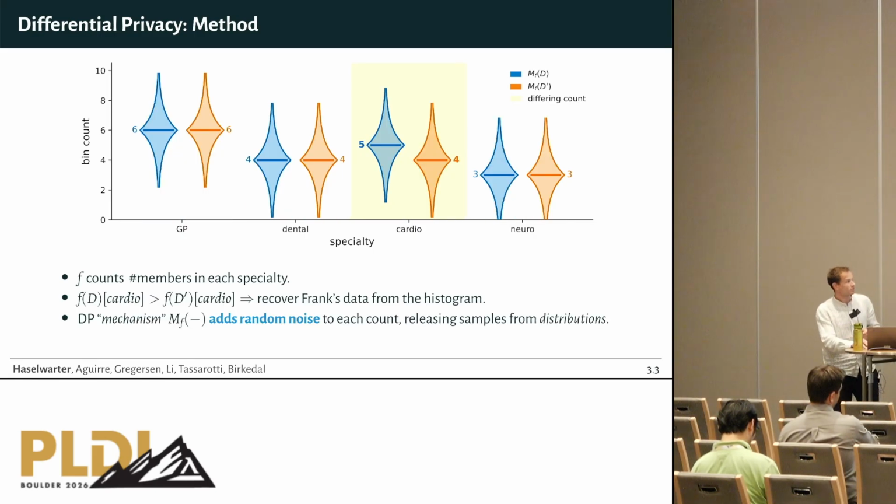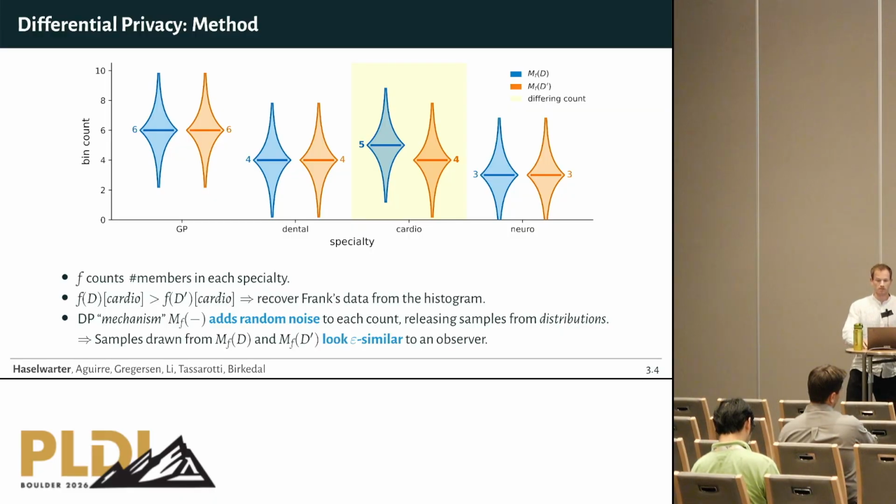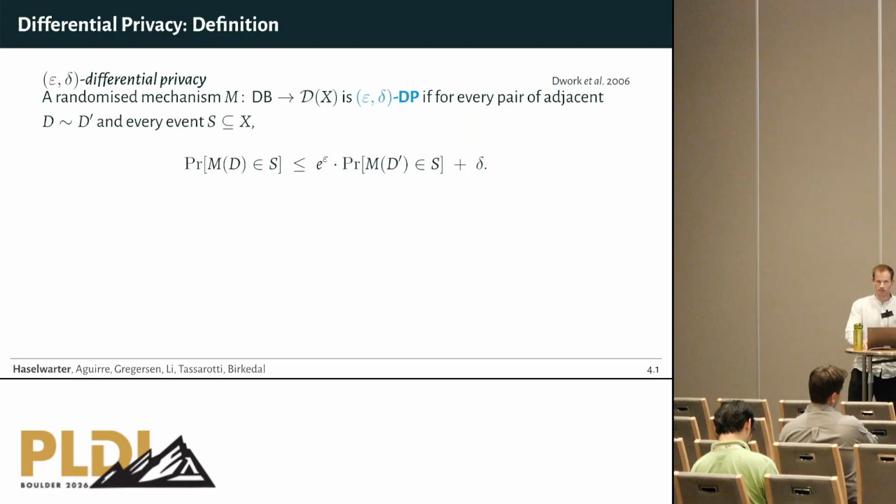And what differential privacy tells us to do instead is that we use a mechanism that corresponds to f, but adds some random noise to the counts. And so then instead of releasing the exact counts, we release samples from these distributions. And the samples drawn from the output distributions should look epsilon similar to an observer. OK, so that's the intuition.